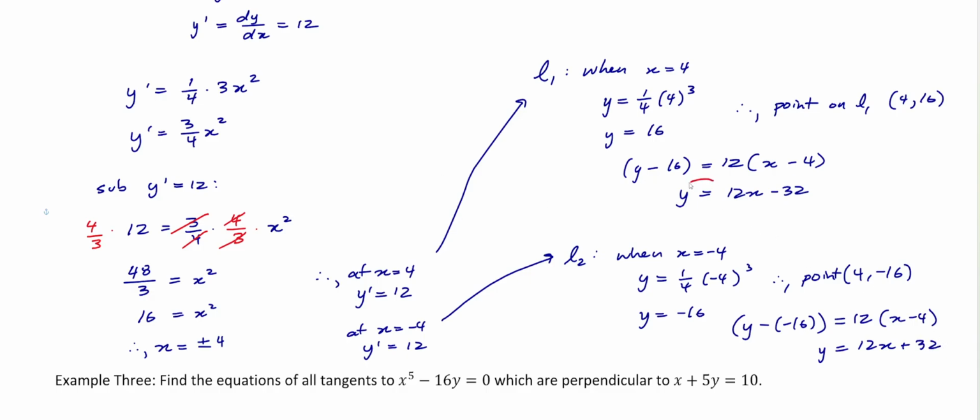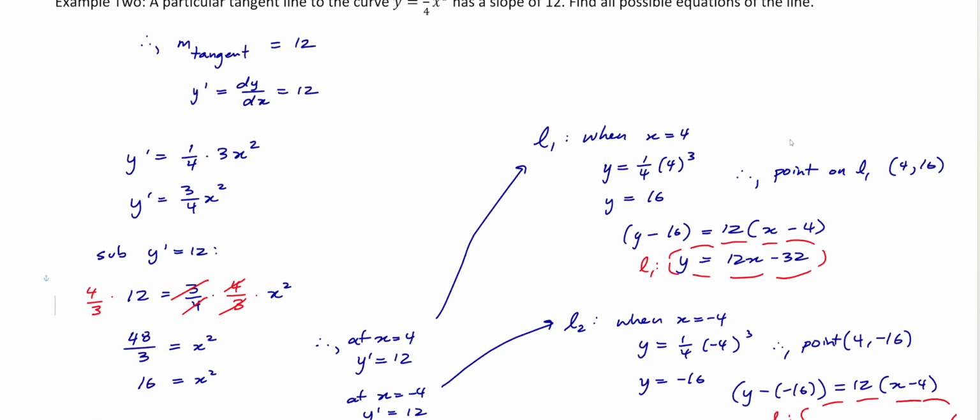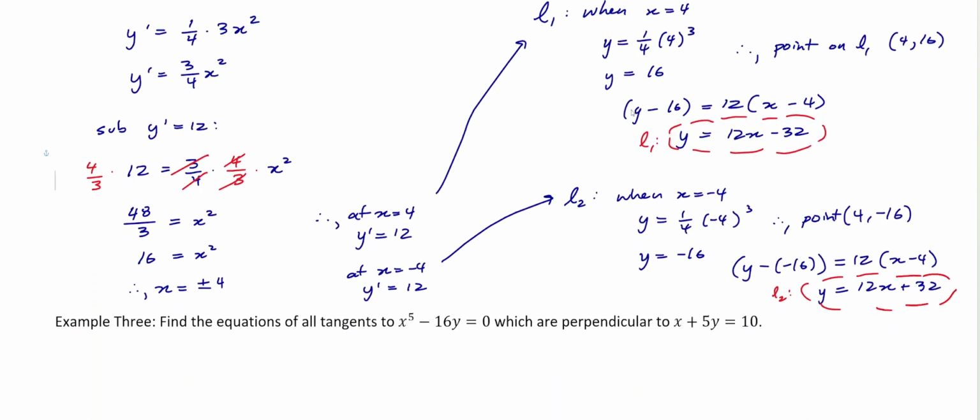So there were two tangent lines to this curve that had a slope of 12. The first tangent line has this equation, and the second has this equation. That's why it says find all possible equations, because there are two tangent lines in this example.